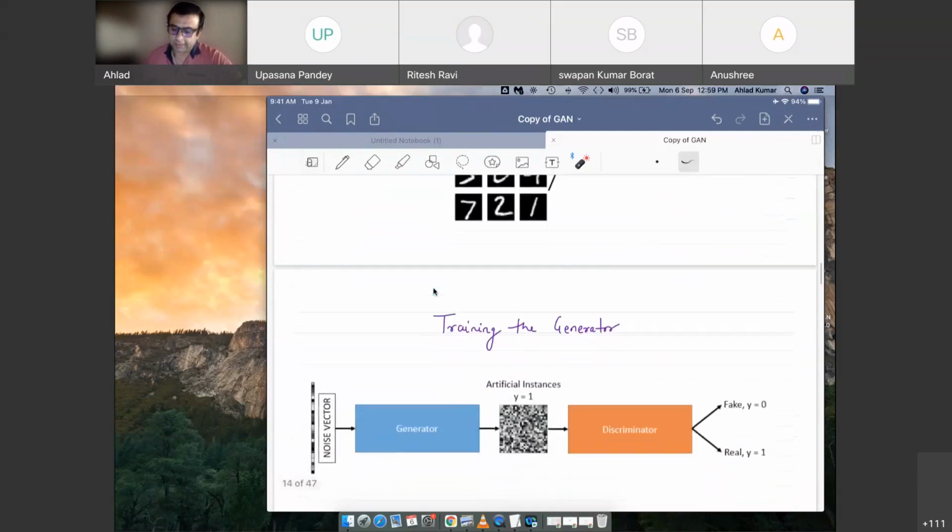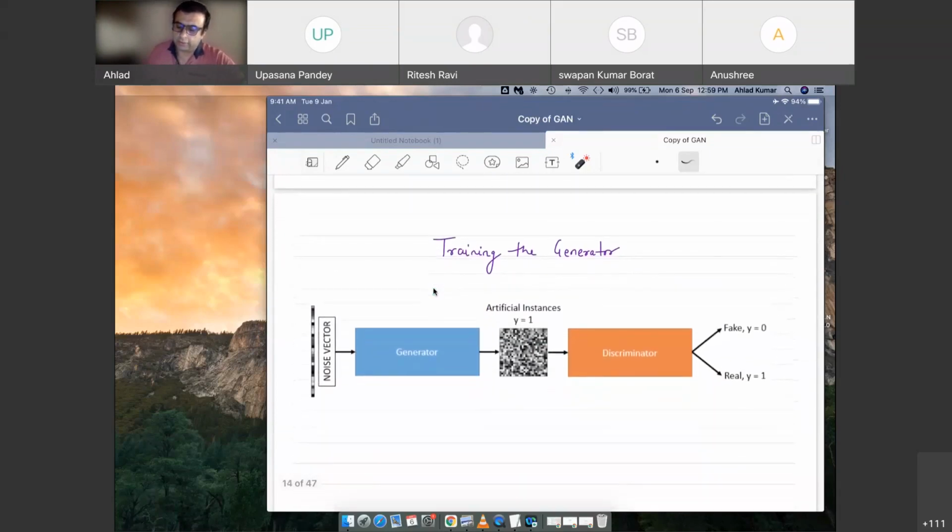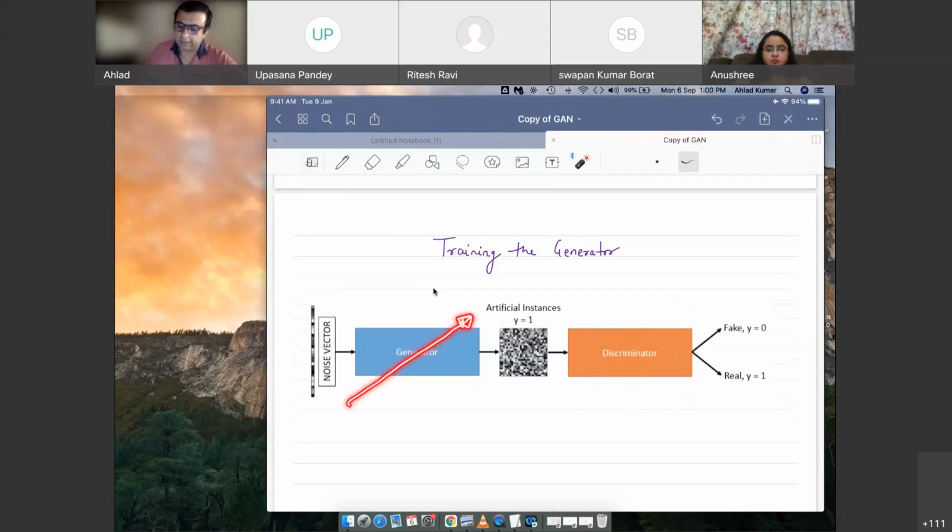The second step is, once that is done, you train the generator. In training the generator, you keep the weights and bias of the discriminator constant. You cannot change them. Once it is trained in the first process, you keep it constant in the second step, and now you train the weights and bias of the generator. You take the random vector and convert it into an artificial instance. But now you create an adversary.